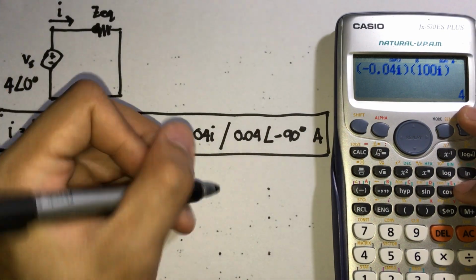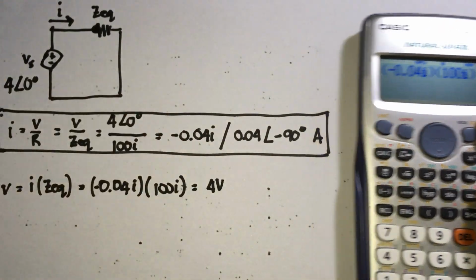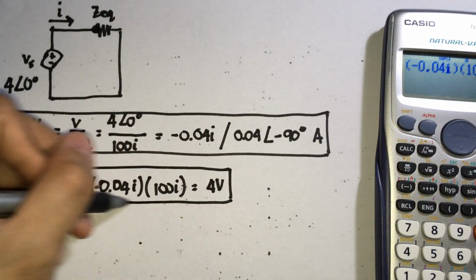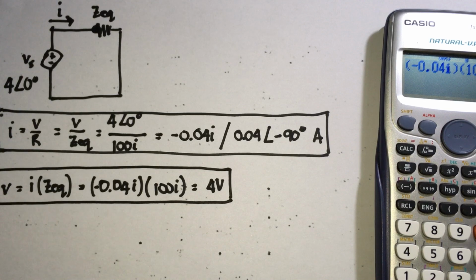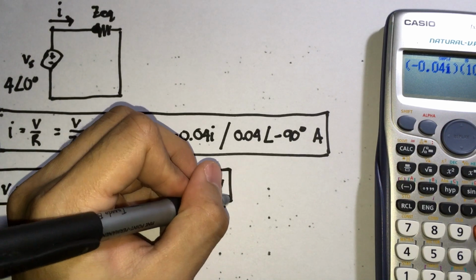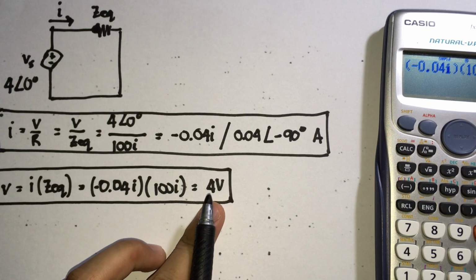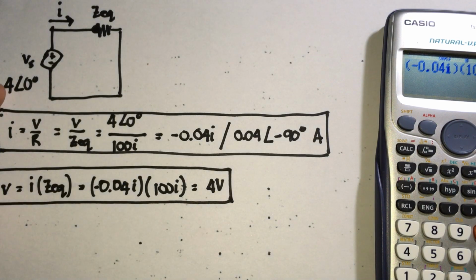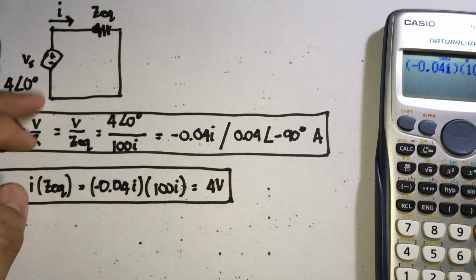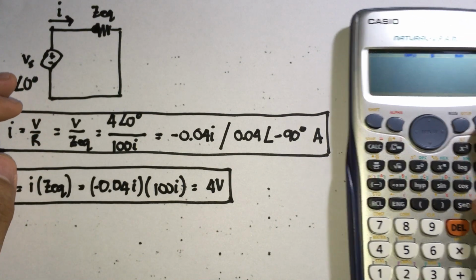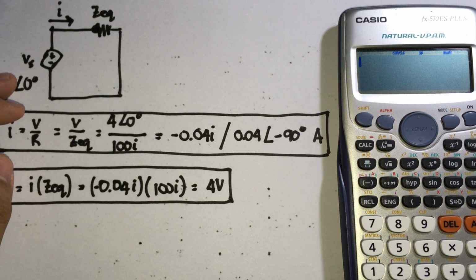We have the value of V, 4 volts. And that's the last value to be obtained. As you can see, the 4 volts is the same as the voltage source, angle 0. So that's it for today. Thank you and I hope you learned something.